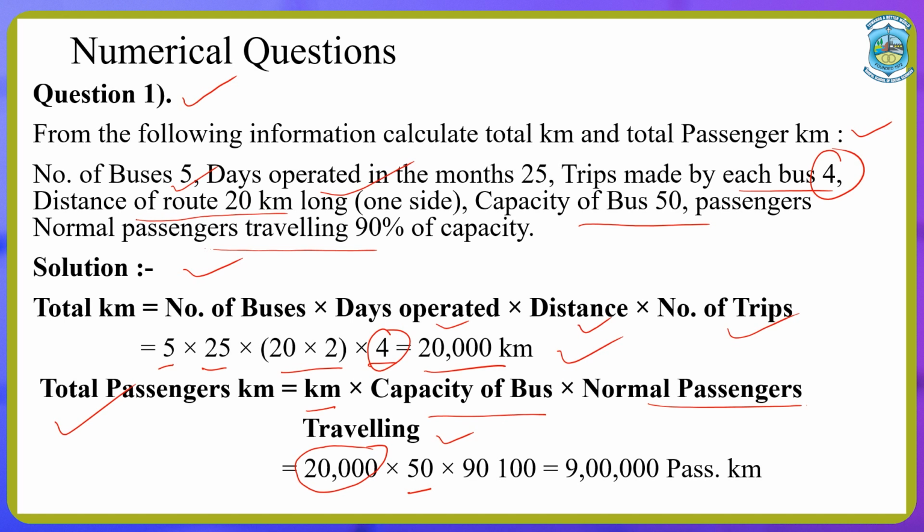It means 20,000 multiplied by 50 multiplied by 90% of capacity which is utilized. The calculation gives 9 lakh passenger kilometers. This is the way to calculate.